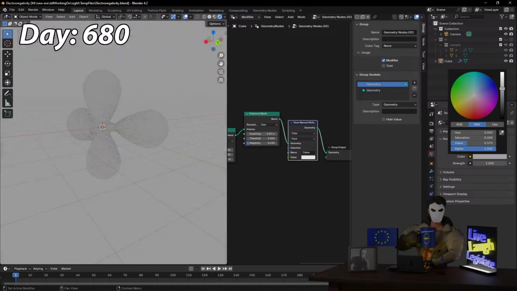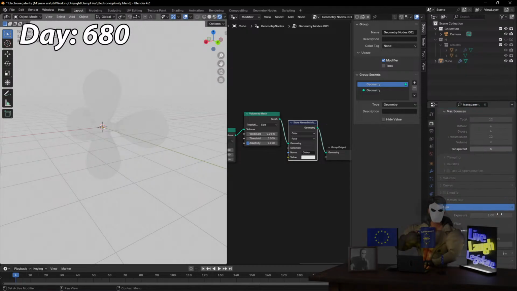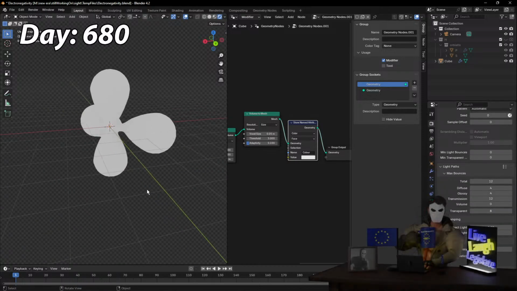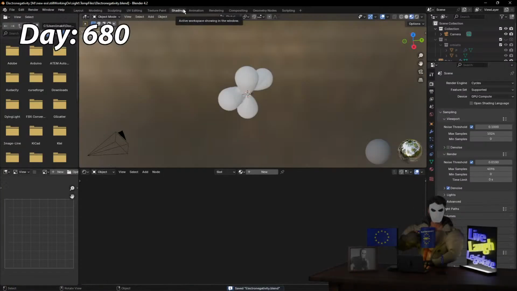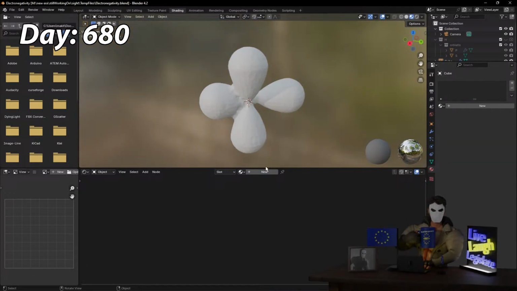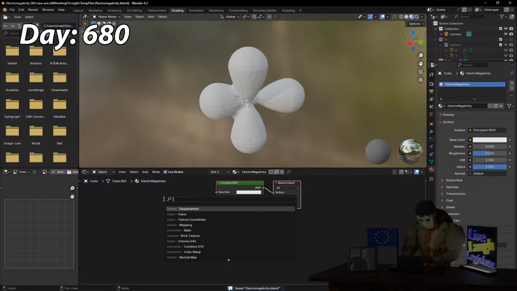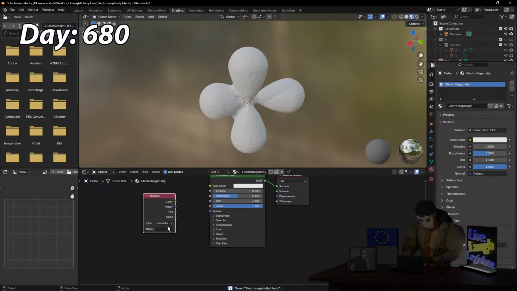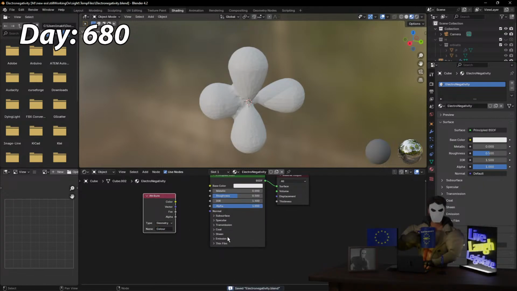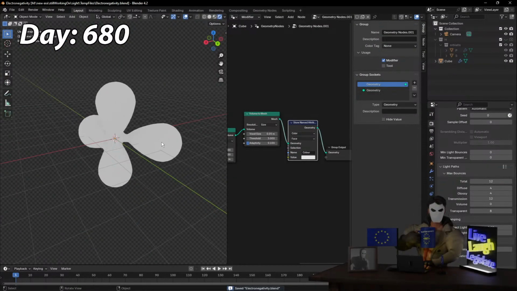So right here we can just crank it up to be a bit more white and transparent to give us some contrast. There we go. And then right here just give it a nice and simple material called electronegativity. There we go. And then attribute name color, and then color into, we don't have to put in the emission, just base for now. We're trying to build a skeleton. The nice looks will come later.